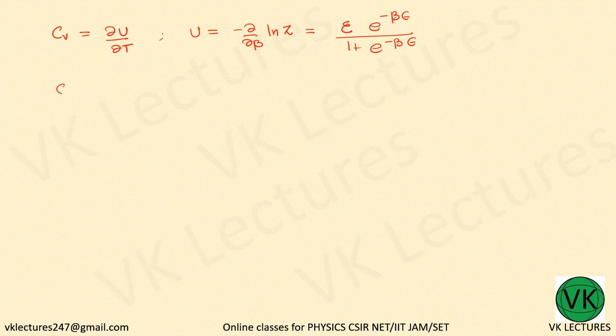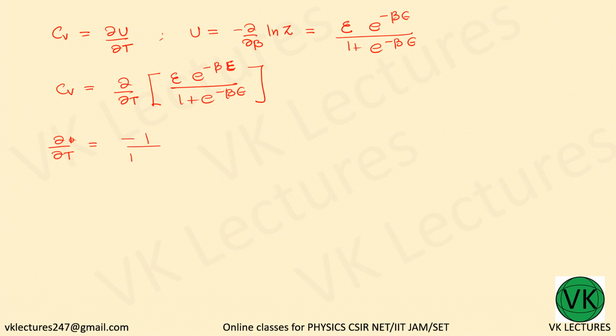So Cv is equal to ∂/∂T of that. Now we have to convert this ∂/∂T. So ∂/∂T is equal to minus 1 by kBT square into ∂/∂beta.